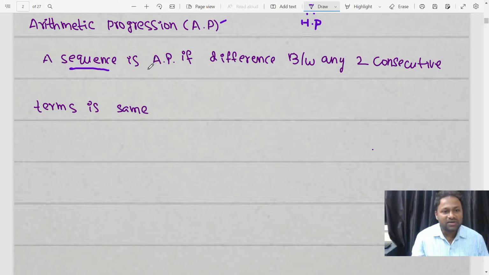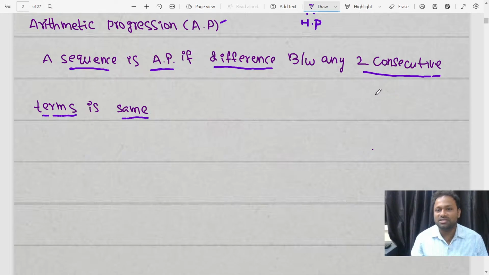A sequence is said to be an arithmetic progression if the difference between any two consecutive terms is the same. Consecutive terms means one after one. The terms which come one after one are called consecutive terms.